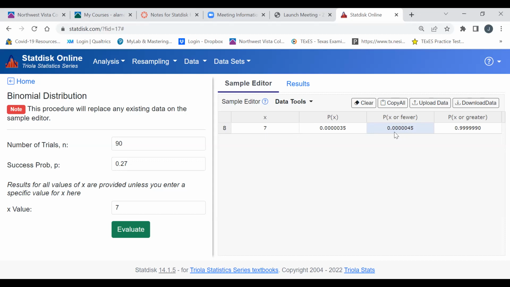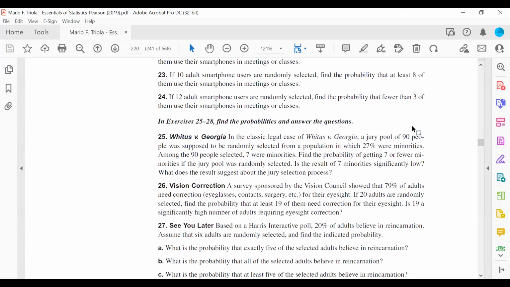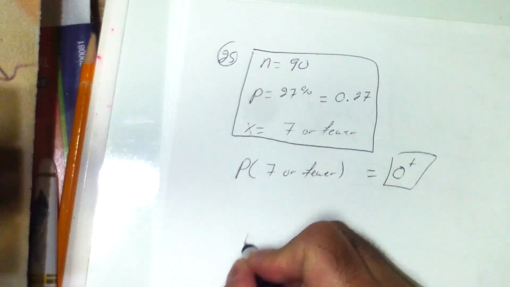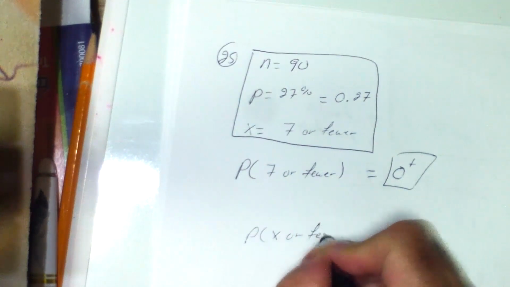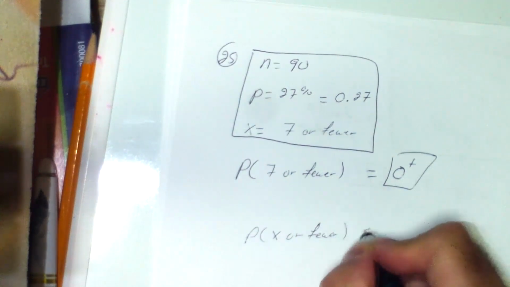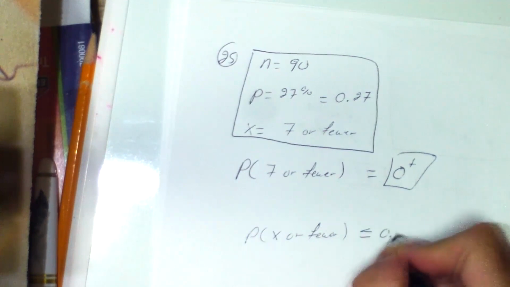Okay, so we answered that question. And then there was another part. I think it asked us, is the result of 7 minorities significantly low? Remember the shortcut to determine usual and unusual. The shortcut was probability of X or fewer had to be less than or equal to 0.05.